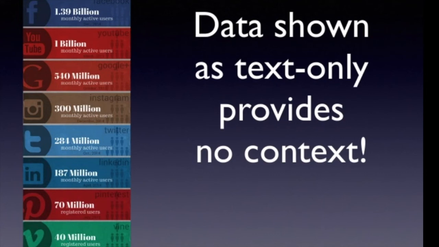But again, there's no context. We can't really make heads or tails of this. And if we do, we have to spend time with it. We have to maybe get out our calculator or maybe write these things down and sort them. The brain's not made to do that. So this is really not a very successful infographic.